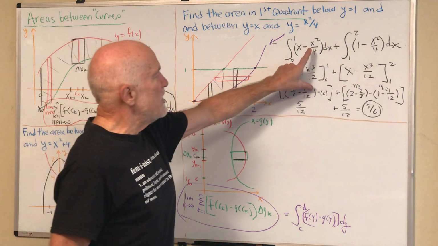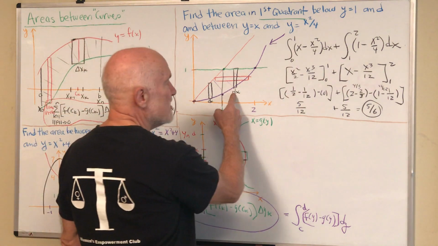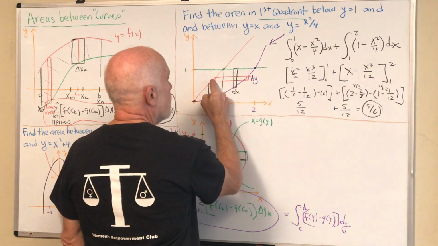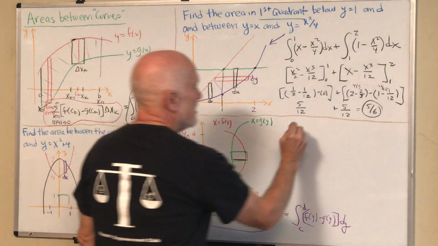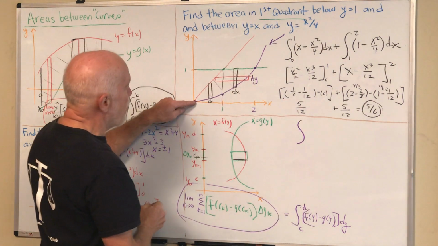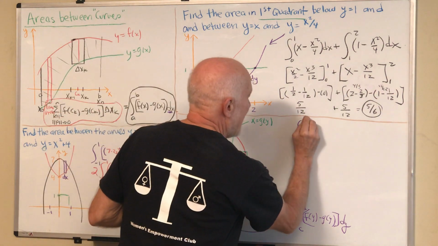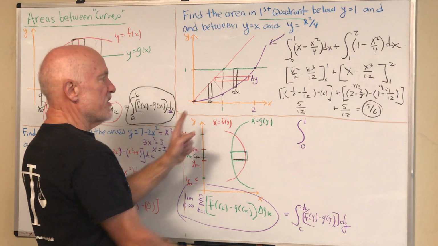So let's just really quickly do this other one that we just did, but do it sideways. Make this with dy instead of dx. And I'm only going to go from y equals 0 to y equals 1 to add them up. Now, this is going to be the hardest part.